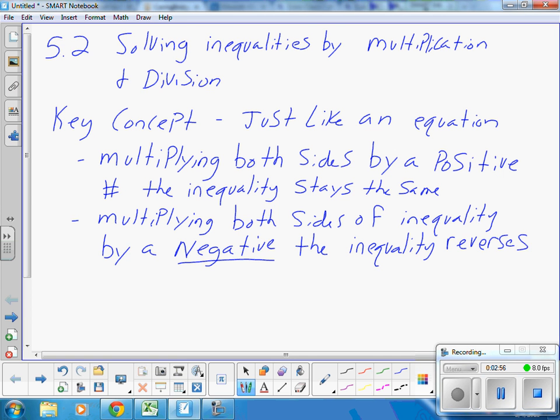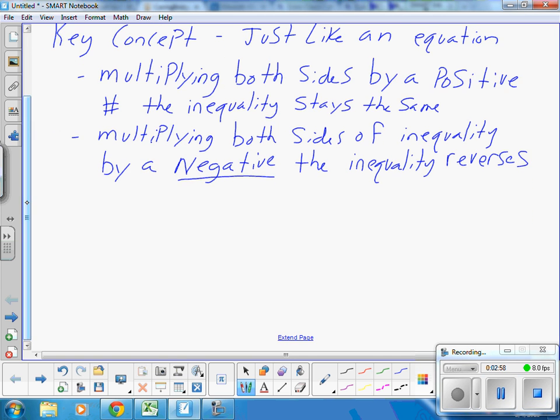Now, here's my great attempt at explaining why that is. Watch carefully. A negative 2x less than, we'll use a number that we can divide by, so we'll just say 4. Nice and simple.